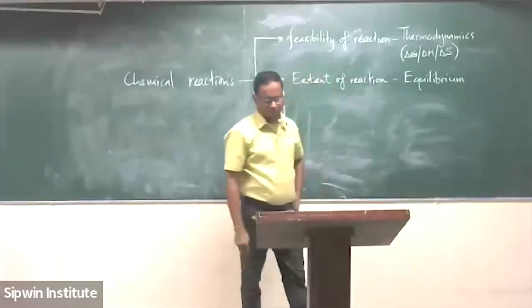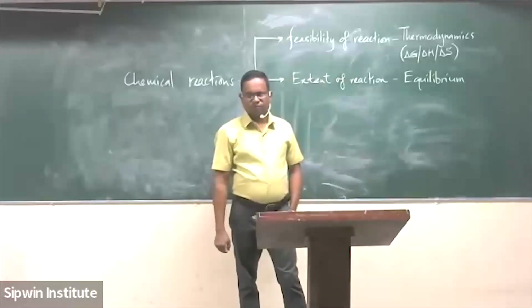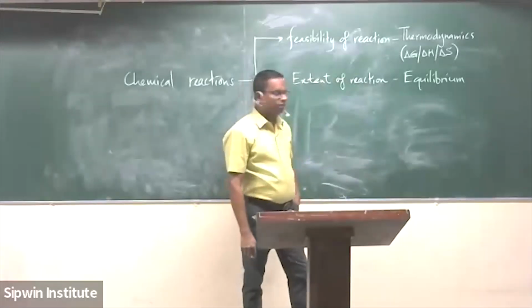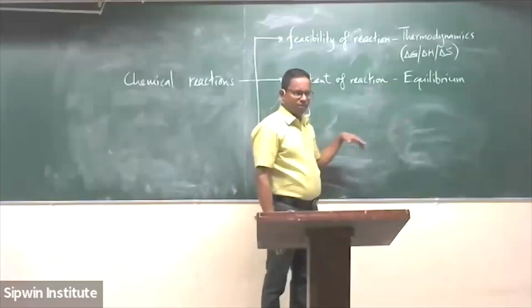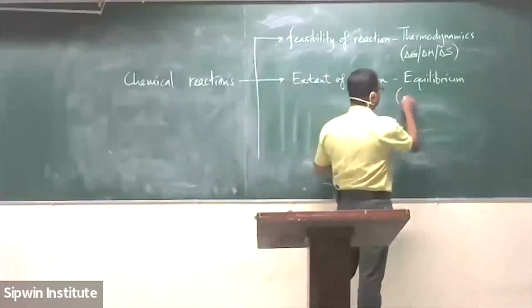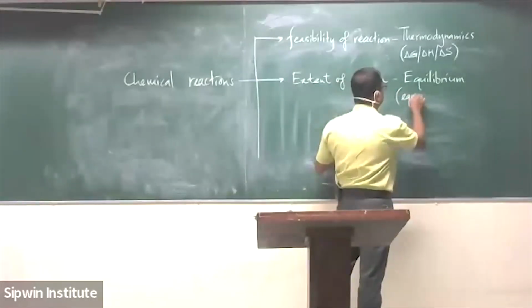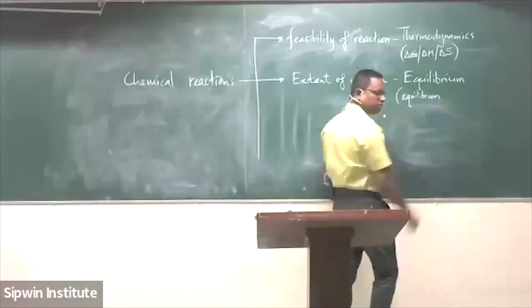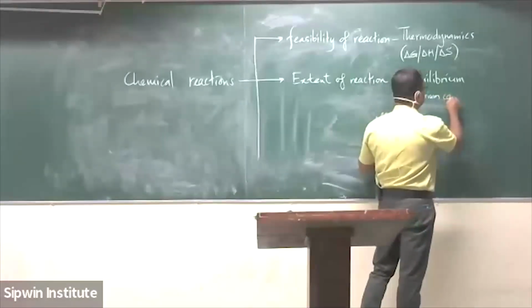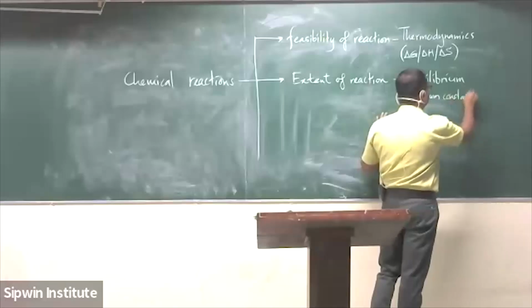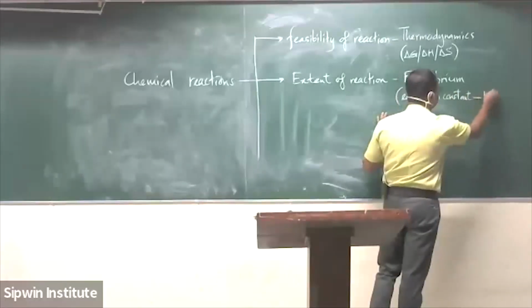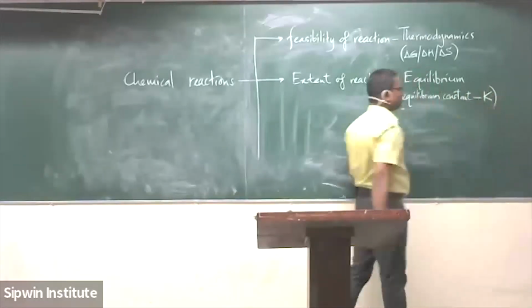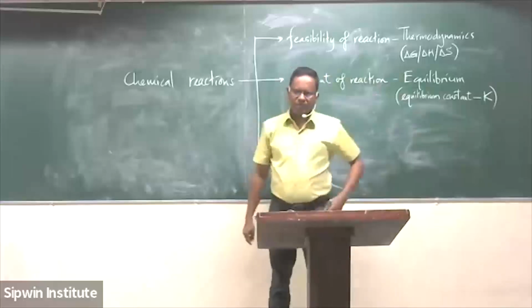To decide the extent of reaction in the equilibrium lesson, we use the equilibrium constant. Put a dash and write capital K, equilibrium constant.